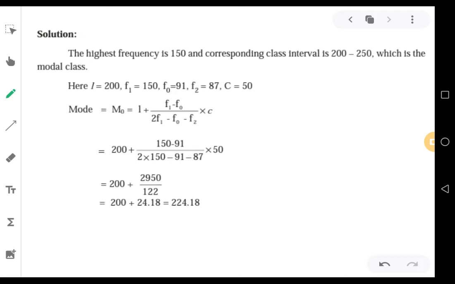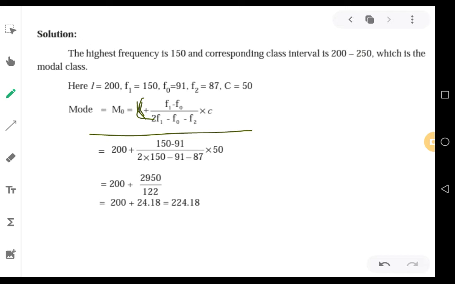The formula is mode is equal to L plus F1 minus F0 divided by 2F1 minus F0 minus F2, into C. Let us see the formula once more: L plus F1 minus F0 divided by 2F1 minus F0 minus F2, into C. So we got all the numbers.